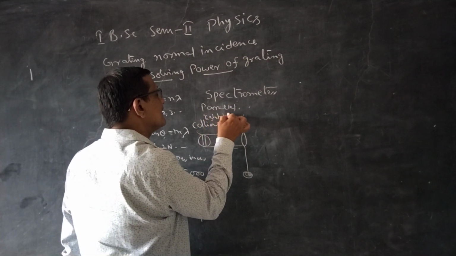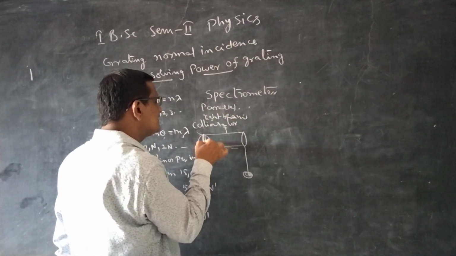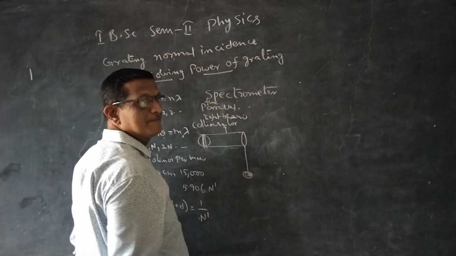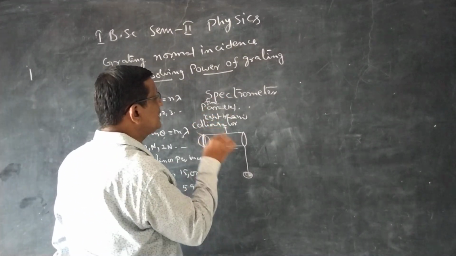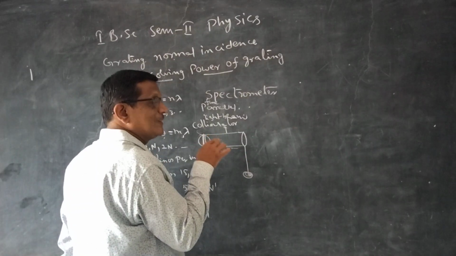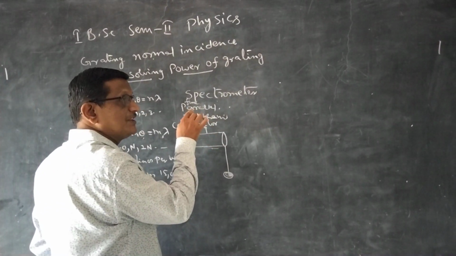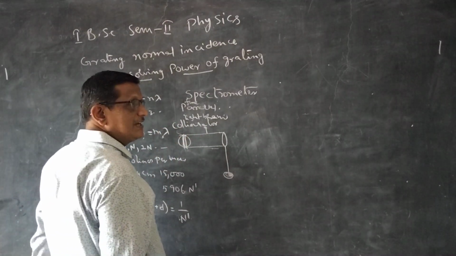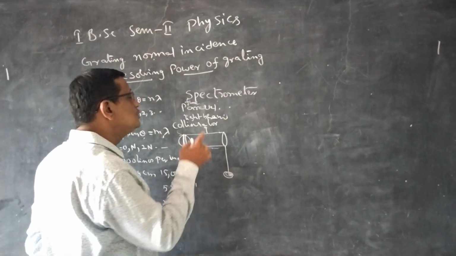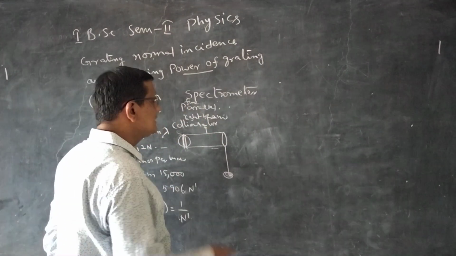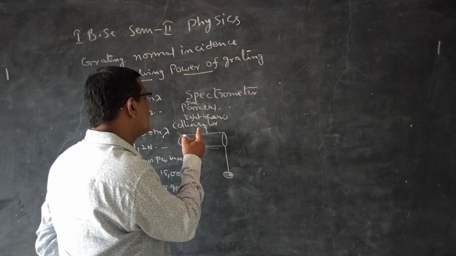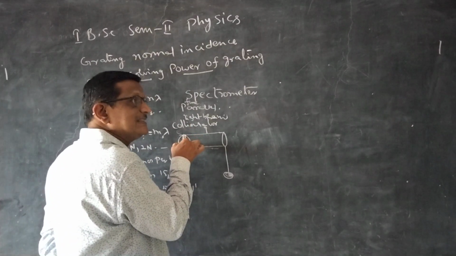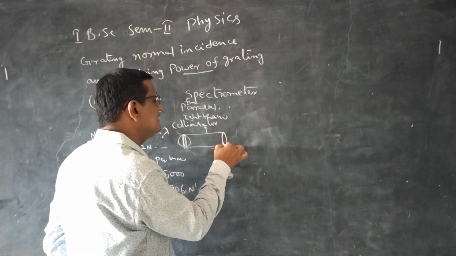If the width of the slit is extremely small, then it emits a fine parallel beam. That means a beam in which lines are parallel to one another and at the same time very sharp. That's why, in order to produce a parallel light beam using the collimator, the width of the slit should be extremely small and the slit is at the principal focus of the convex lens.